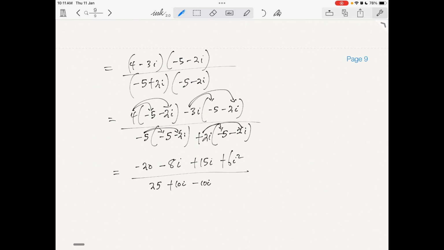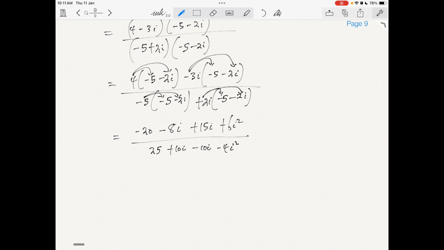And this multiplies by this, we have minus 4i squared. So having done that, our 10i and minus 10i will cancel out to give 0. So we have minus 20 minus 8i plus 15i plus 6i squared divided by 25 minus 4i squared.